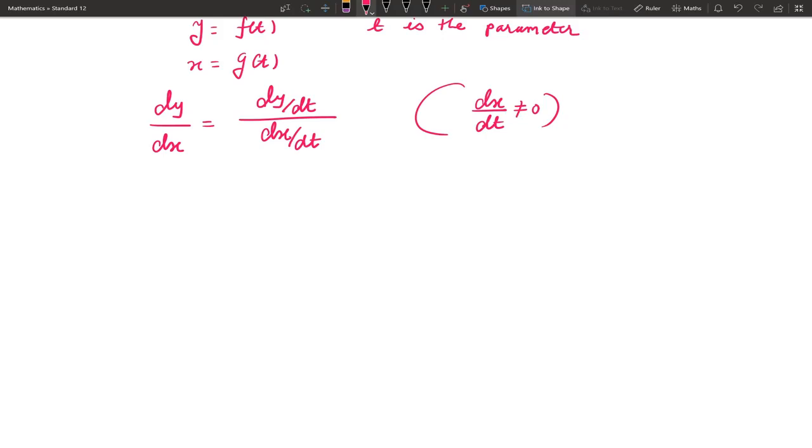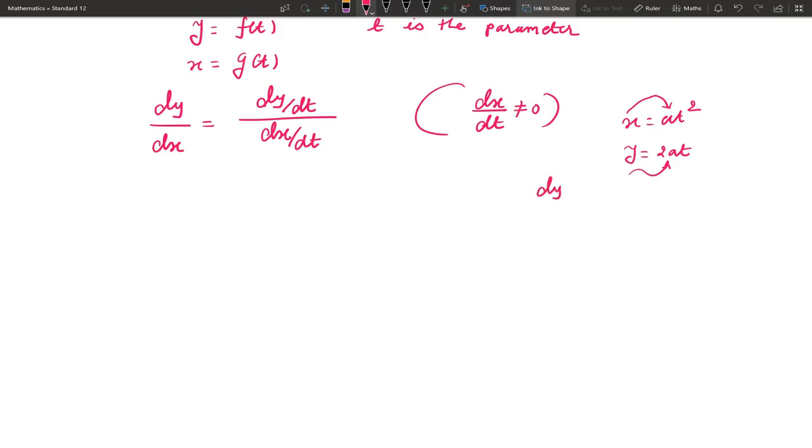For example, consider parabola. So y square equal to 4ax, x equal to at square, and in general y equal to 2at. So here t is the parameter. To obtain dy by dx, x is function of t, y is function of t, where t is the parameter.